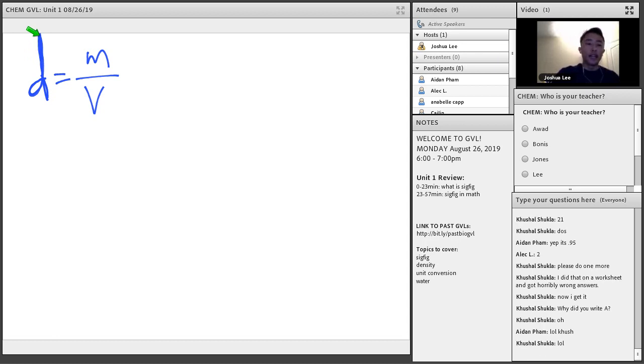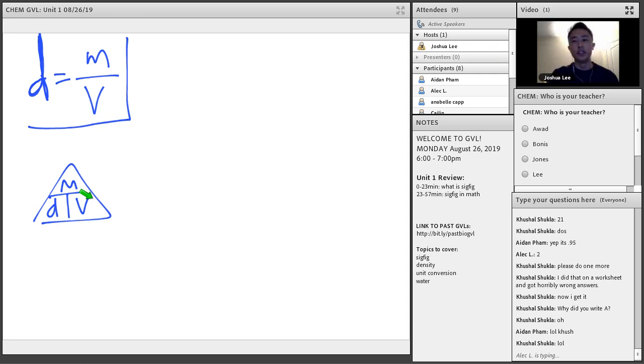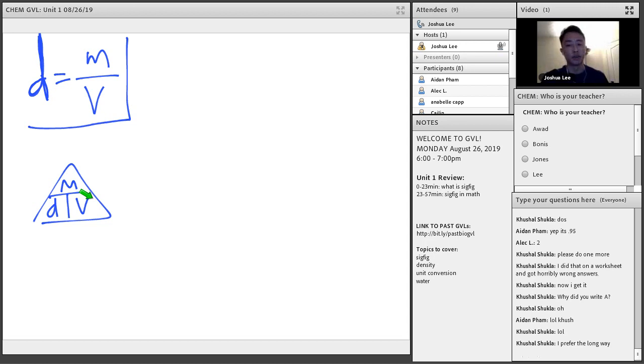So D equals M over V, all that stuff. Typically, at least for density problems, you can use that little pyramid trick. Pyramid: density is mass over volume. I just don't like it because you guys should be good at algebra so that you should be able to solve for a variable even if it's on the bottom. But if it helps you out, you could use it, but definitely get better at that algebra portion.